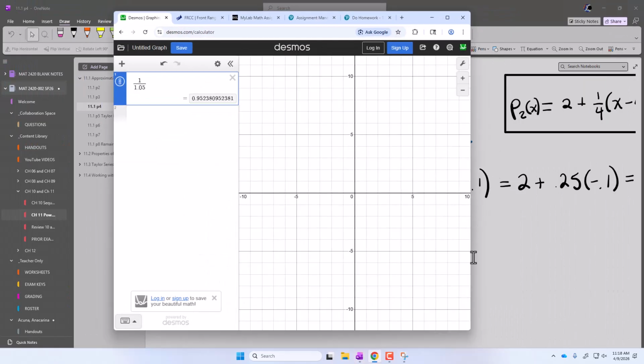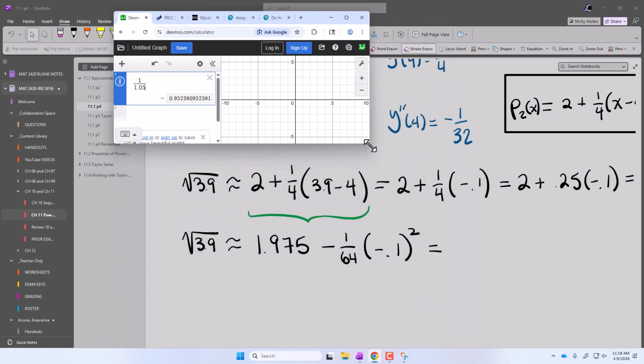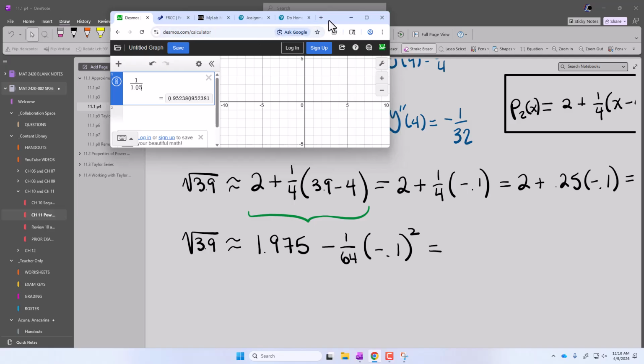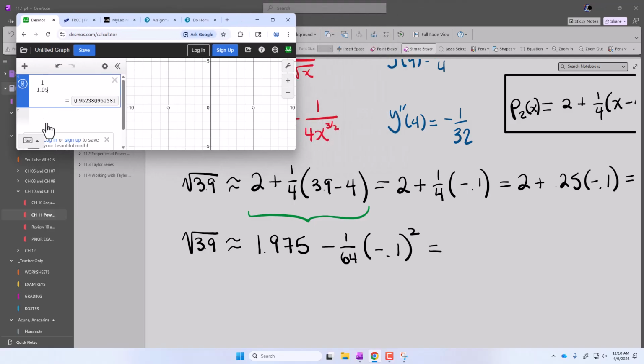Let's try to shrink this to a manageable size. Okay, so we're just going to plug all this in right here. 1.975 minus 1/64th multiplied by negative 0.1 squared.